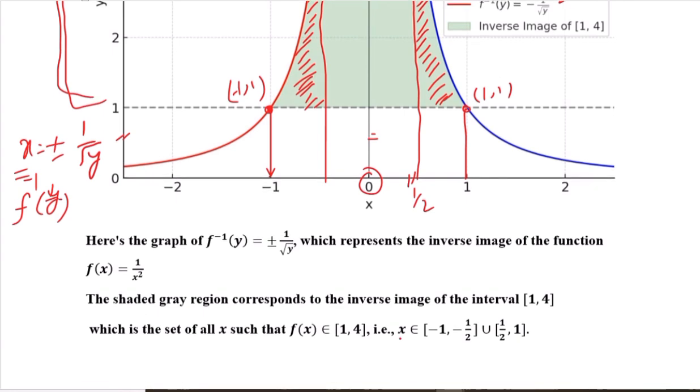Here the graph of f inverse y represents the inverse image of the function f of x, the shaded gray region corresponding to the inverse image of this interval, which is the set of all values of x for which the function belongs to this interval.